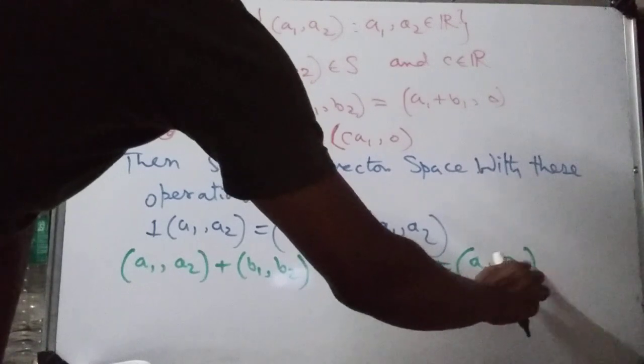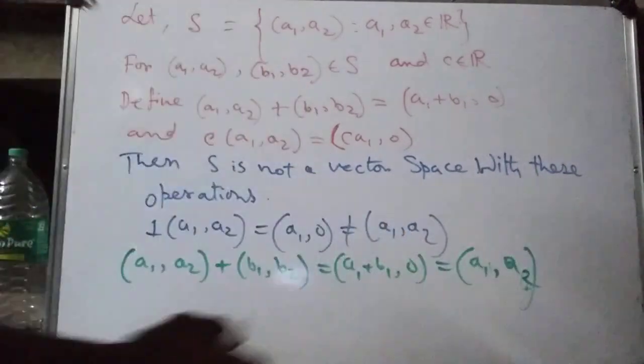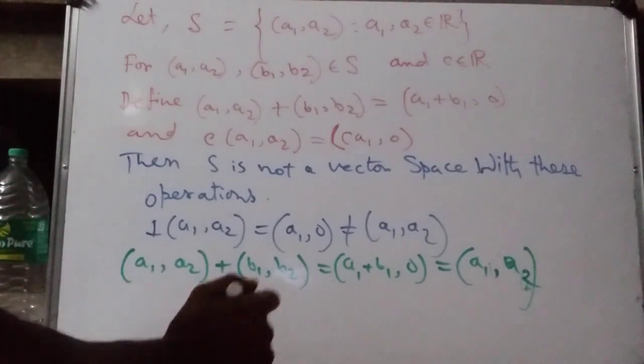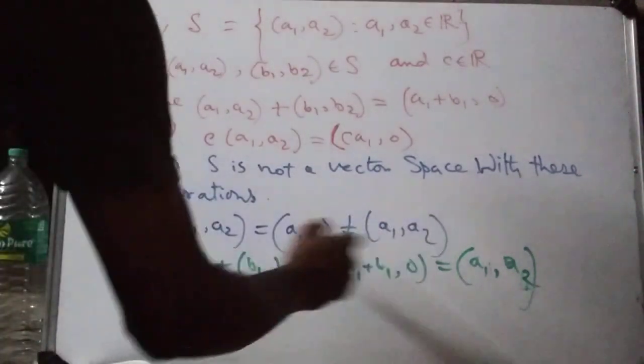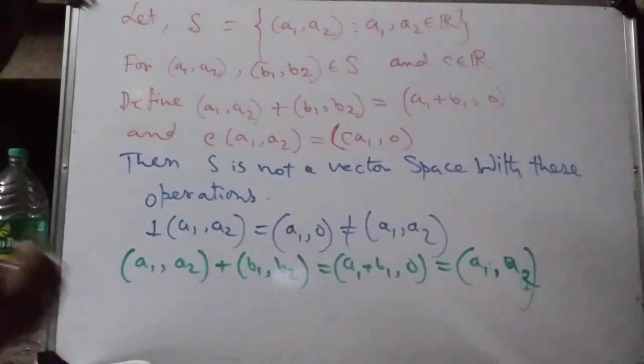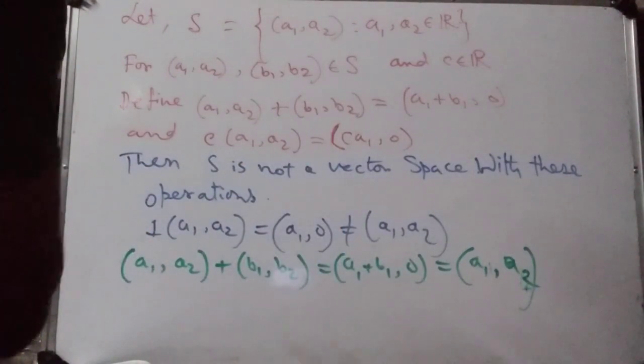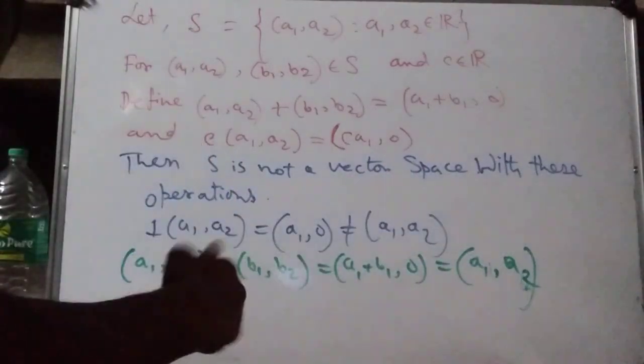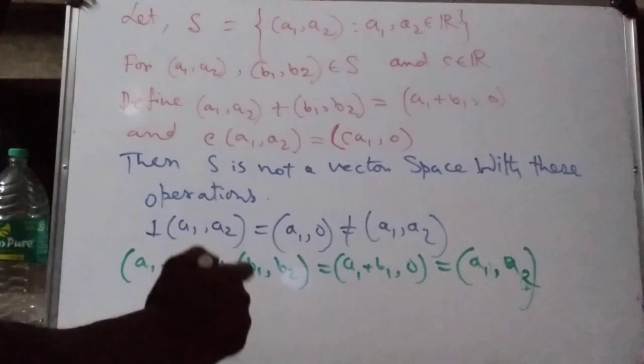When this happens, b2 is arbitrary, not a problem at all, but a2 cannot be obtained, so this is not equal to a2. That means we can't find an additive identity.